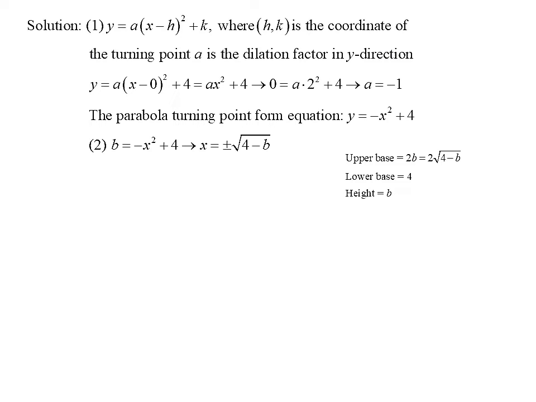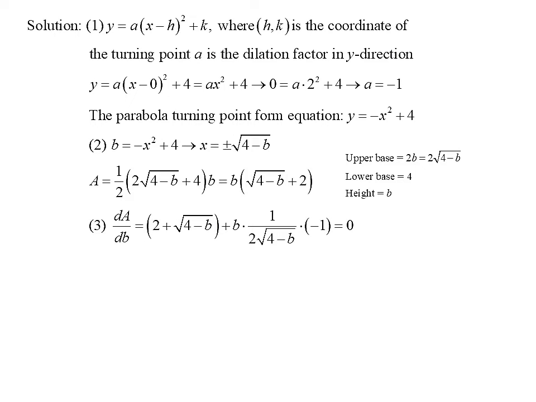Now for the right trapezium, the length of its upper base is 2 times the square root of 4 minus b. The length of its lower base is just 4 and the height is b. Therefore, the area of the trapezium can be expressed in terms of b as b times the quantity square root of 4 minus b, plus 2.